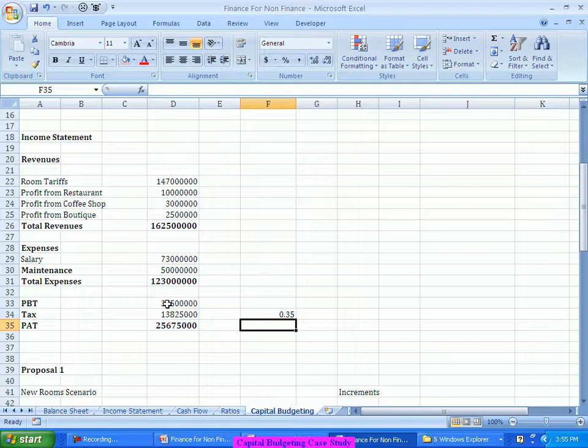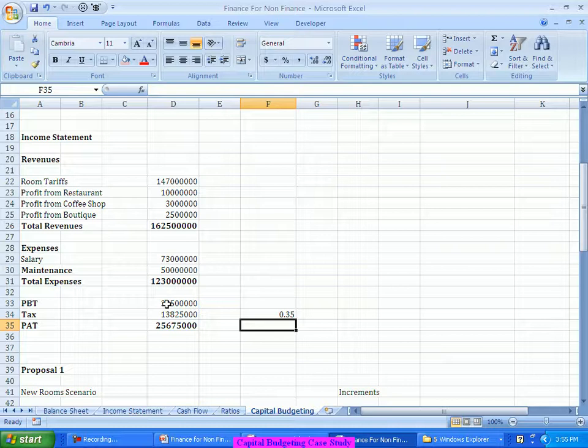Whenever we talk about any capital budgeting proposals, we only talk about incremental benefits and incremental costs, because the current is already there. Now the new investment which I am making is the extra.